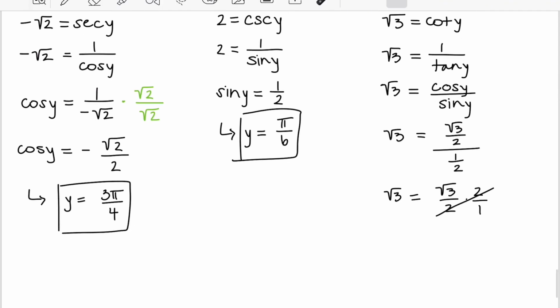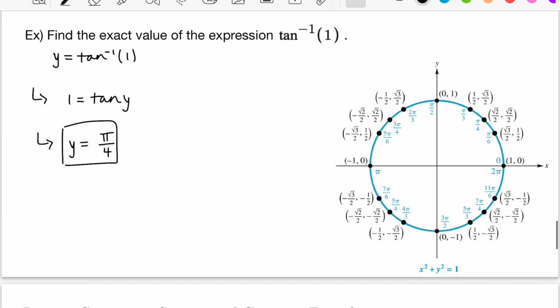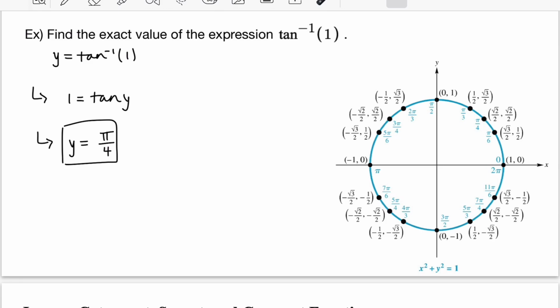So what we need to do then is find our angle y such that cosine of y is equal to root 3 over 2 and sine of y is equal to 1/2. Going back to our unit circle here, we know that the only angle for this will be pi over 6.